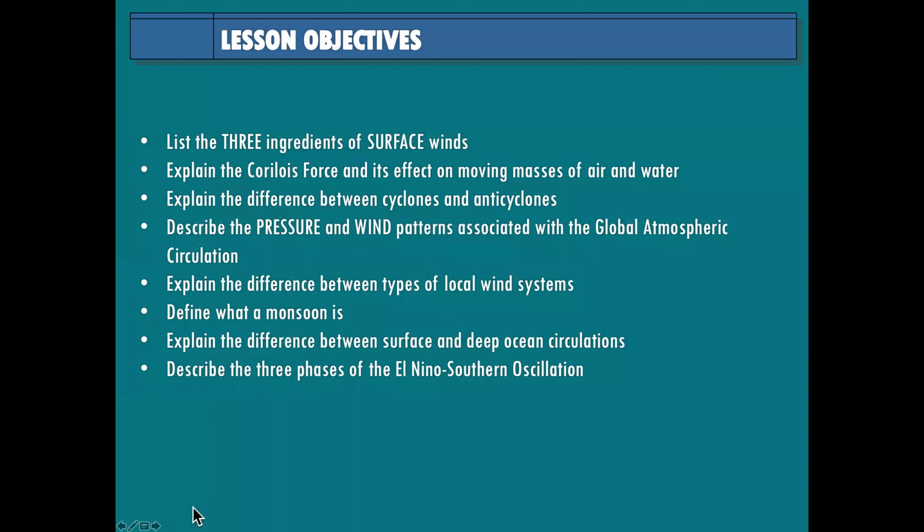Again, each lesson packet has a set of objectives stated right at the beginning. So, from listing the three ingredients of surface winds to describing the three phases of El Nino. Again, not everything is covered in the presentation.